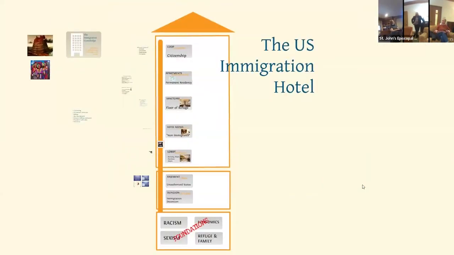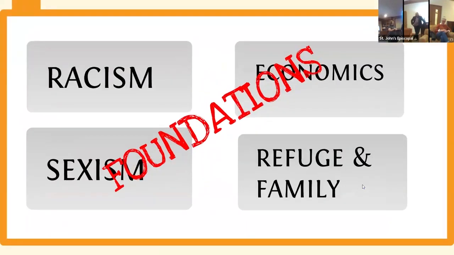Okay, so here's the whole hotel. Citizenship is up at the top, detention is right there, and then the foundations. Unfortunately, our immigration system is on the foundations of racism, sexism, economics. We do have that little spot for refugees and family reunification.